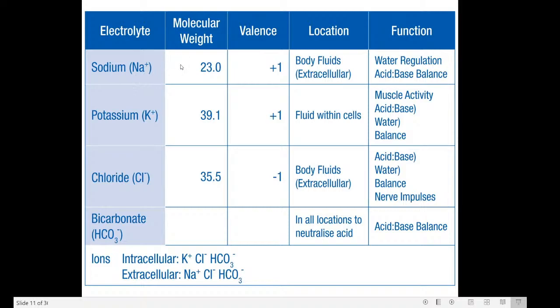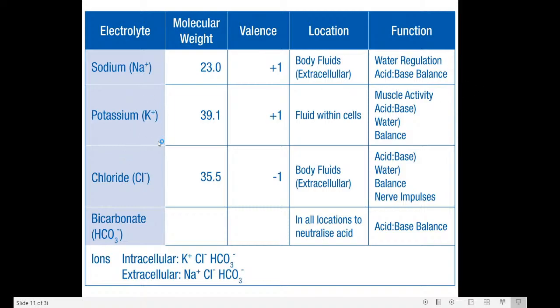If there is a higher amount of water, it causes a hypersensitive feeling, different from normal. So we want to maintain the electrolyte Na+, which regulates water and acid-base balance.